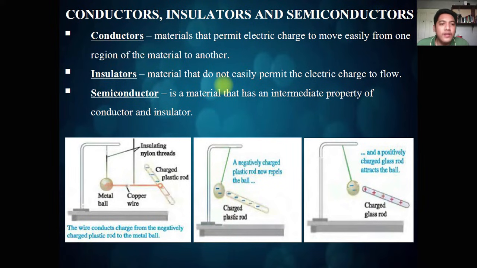And of course we have what we call the semiconductor. It is a material that has an intermediate property of conductor and insulator. Semiconductors are like 50% conductors and 50% insulators. Sometimes a semiconductor can conduct and sometimes it cannot, or it can control the amount of charge flowing in its body.